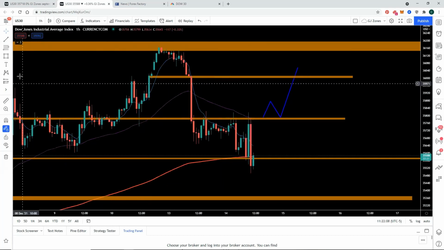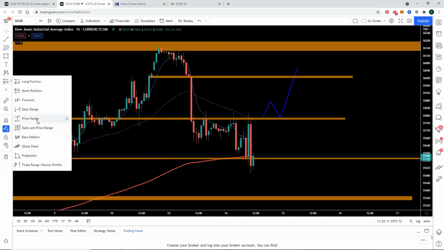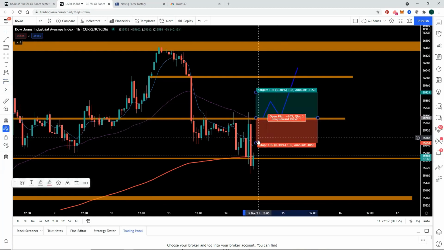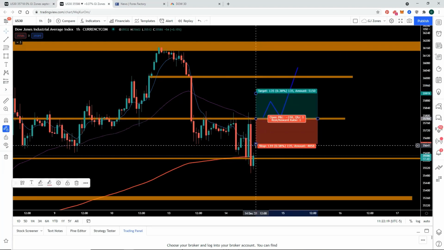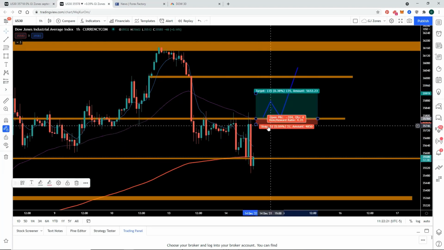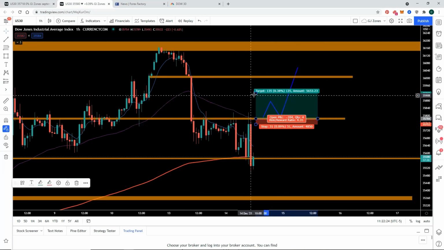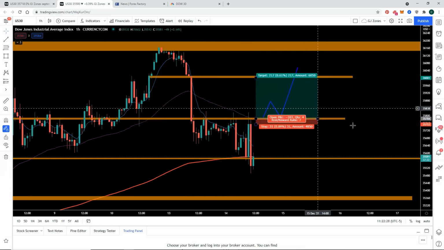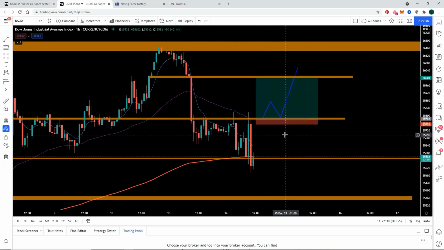So I would just make my target something like that, where I would place a buy position like somewhere around here with a short stop loss and just let it retest this high. And that would be an ideal trade for a buy.